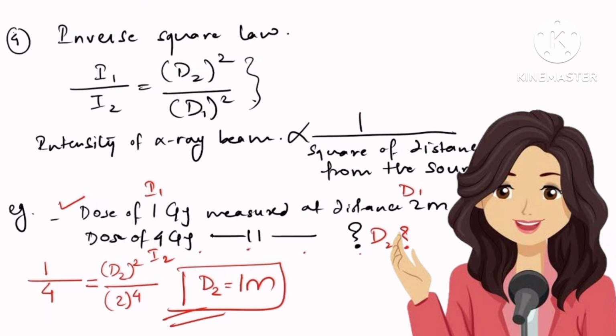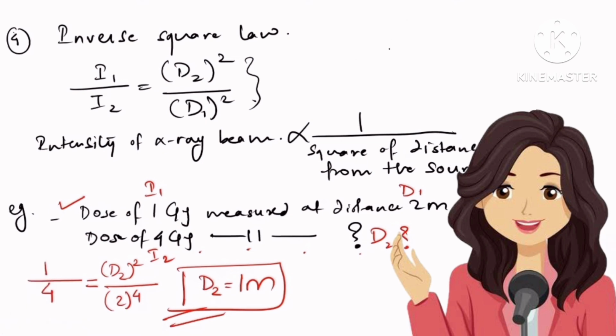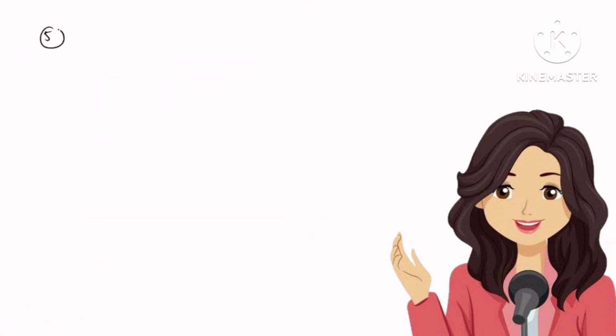The fifth factor affecting X-ray production is filtration, and sixth, we have collimation.